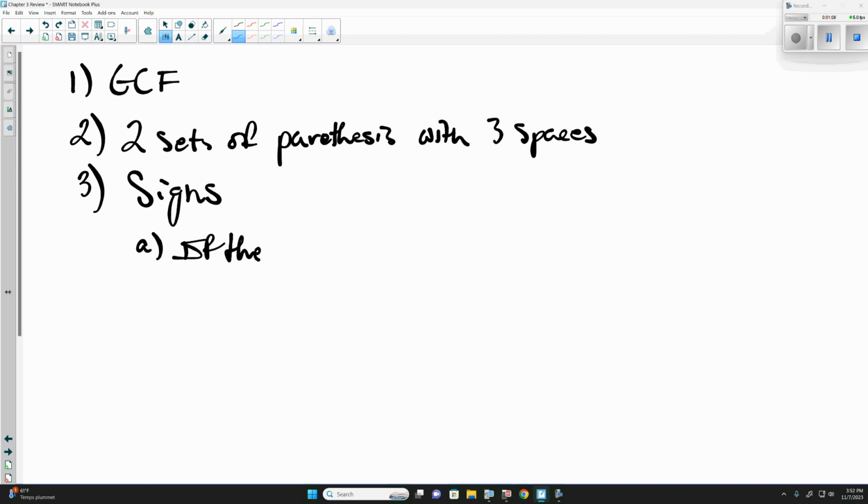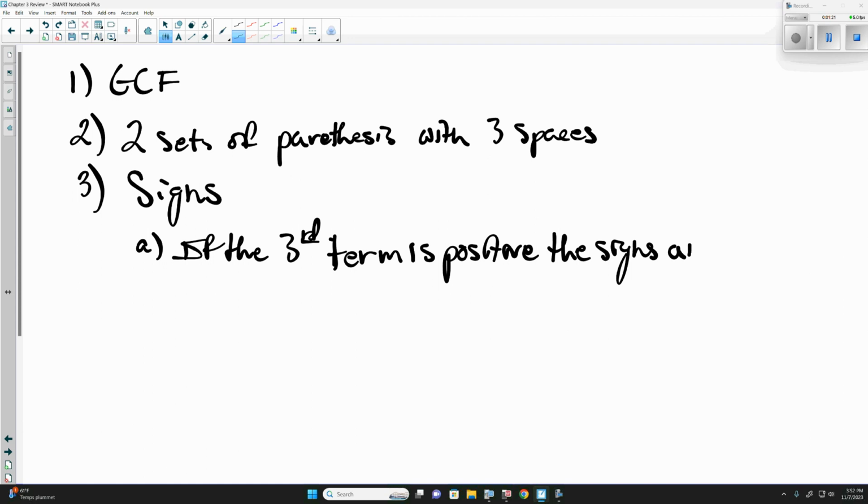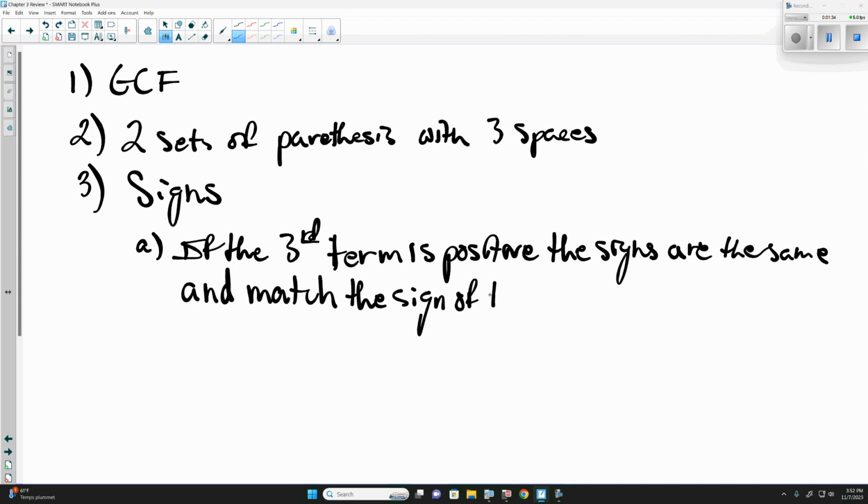If the third term is positive, the signs are the same and match the sign of the middle term. The other option is if the third term is negative, the signs are opposite.